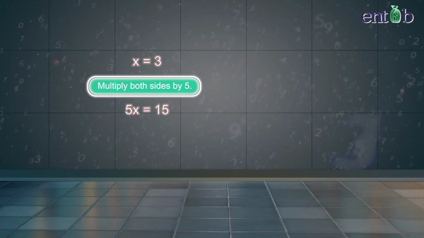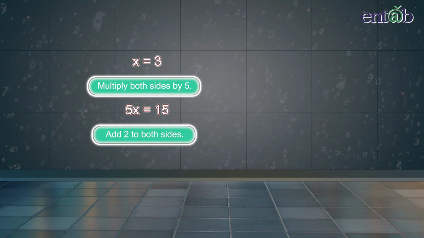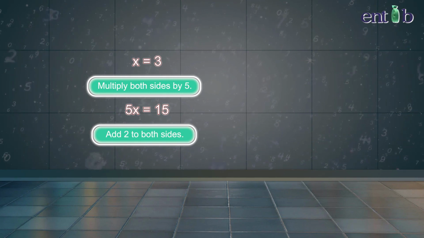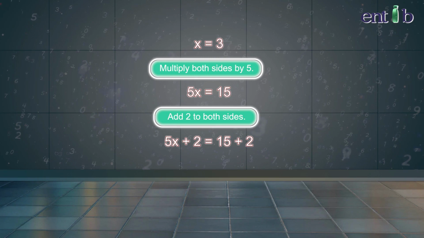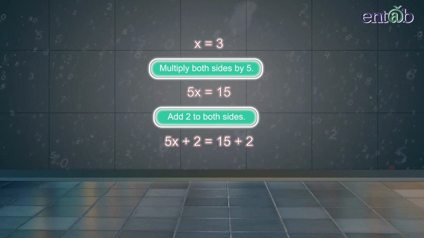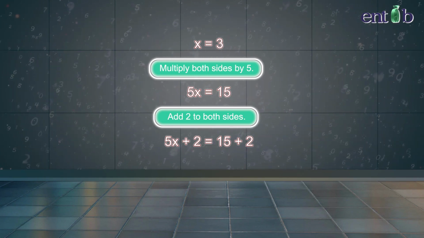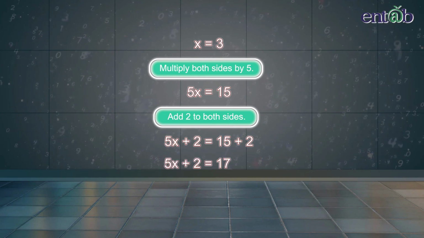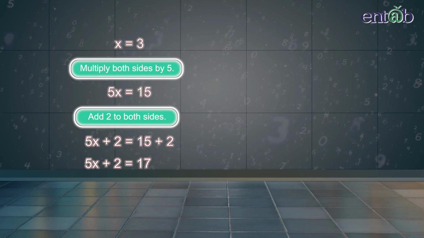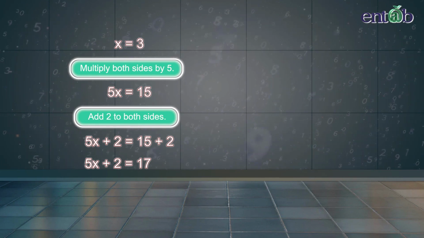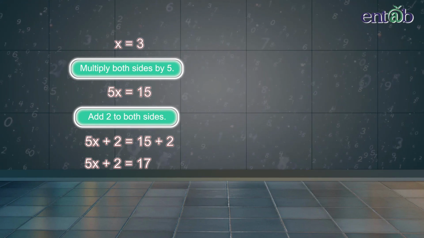Now, let's add 2 to both sides. The equation can then be written as 5x + 2 = 15 + 2, which is further equal to 5x + 2 = 17. Thus, in this way, we are following the reverse path.